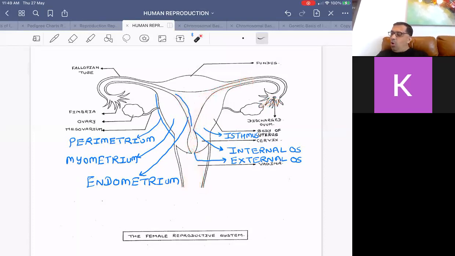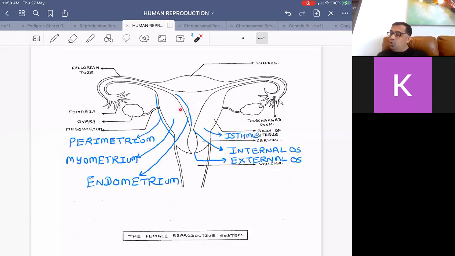The zygote moves forward with the help of cilia to form the morula, and morula drops on the endometrium, and morula sticks on the endometrium because of mucus.